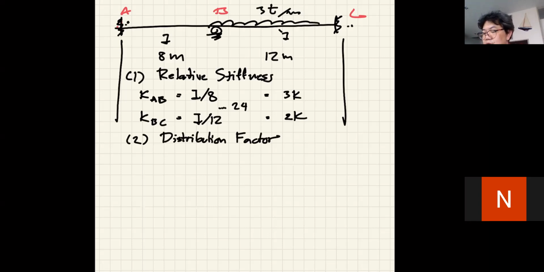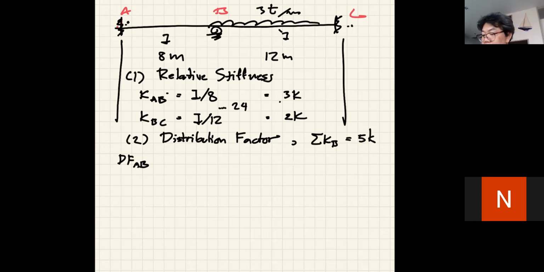Joint B is formed by the joining of members AB and BC. So I need the distribution factor of member AB. Before I do that, I shall calculate the sigma K of joint B. I have 3K from member AB and 2K from member BC, so sigma KB is 5K.